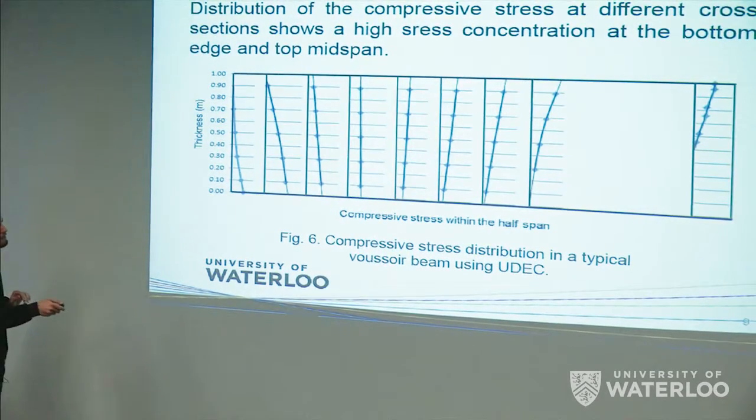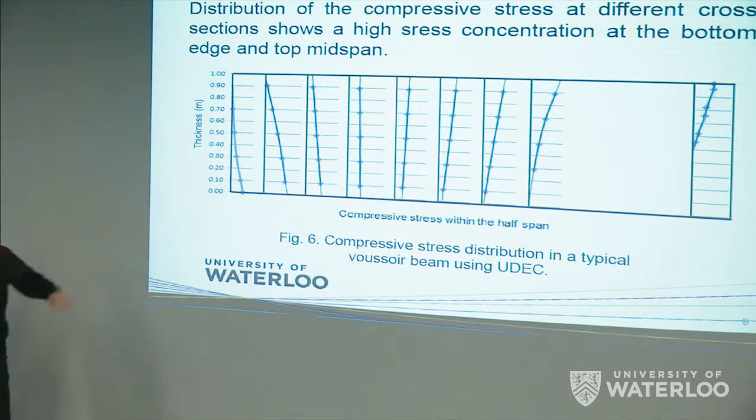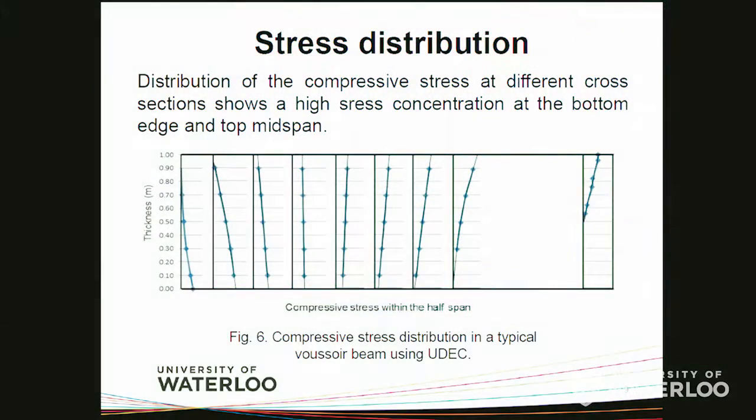I left this part open because it doesn't matter what length of the span you use. I just assume it's 10, and I assume 9 cross sections. But whatever it is, I just wanted to show the distribution of this stress. How does it go from the bottom edge to the top midspan, which is the high concentration over here.